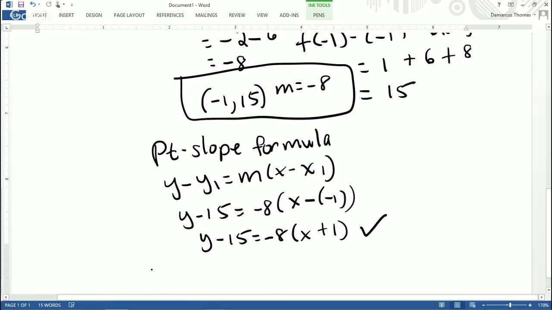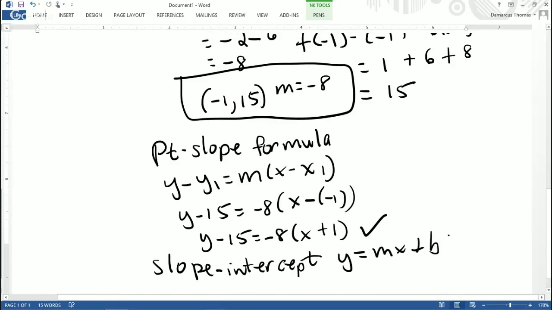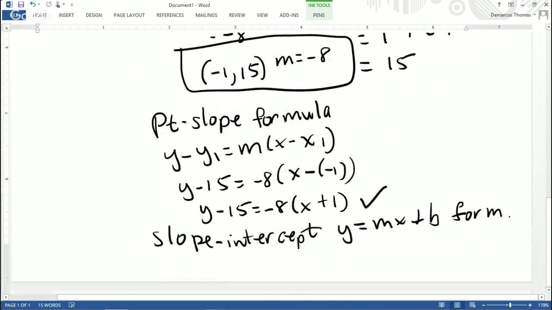We can put it in slope intercept form. That's the y equals mx plus b form. Let's do that by solving for y. Simplify the right-hand side.